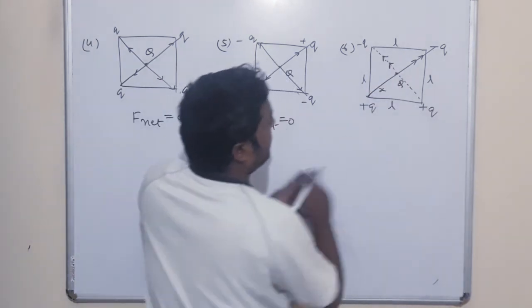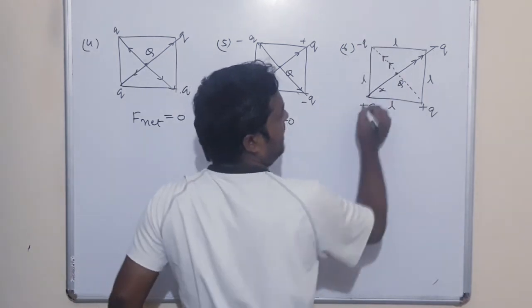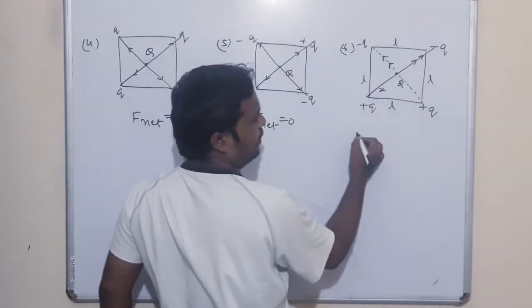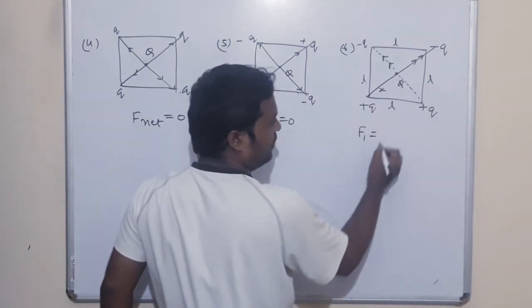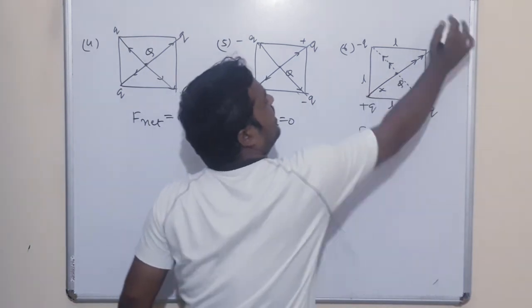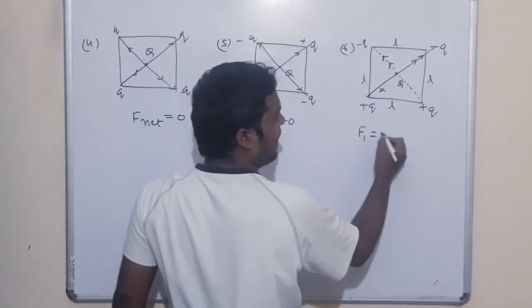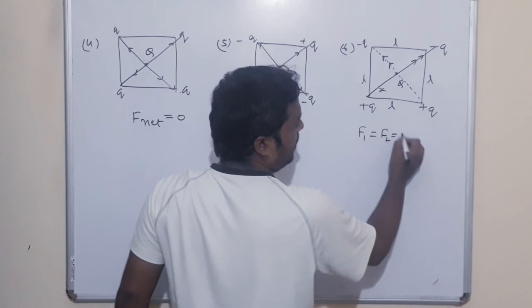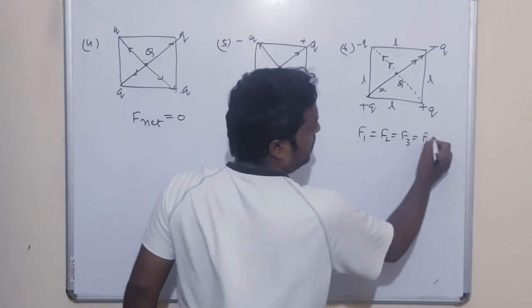You see, each charge placed at the corner is exerting a force like this. This is F1, F2, F3, F4. F1 is equal to F2 is equal to F3 is equal to F4.